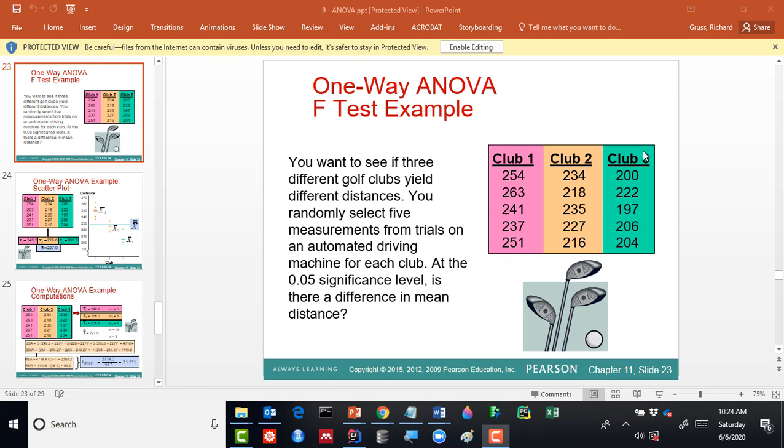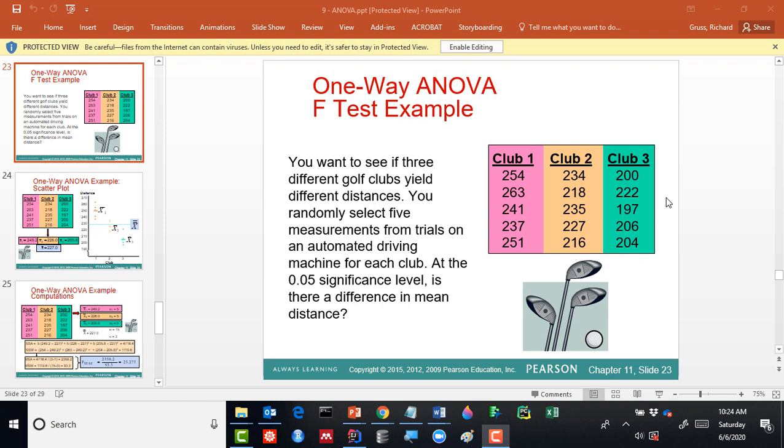Let's say club 1 and club 2 had about the same variance, but club 3 had a huge amount of variance. This would have the effect of inflating the within group variance, and the result would be that you might incorrectly fail to reject the null hypothesis. That would be a type 2 error.